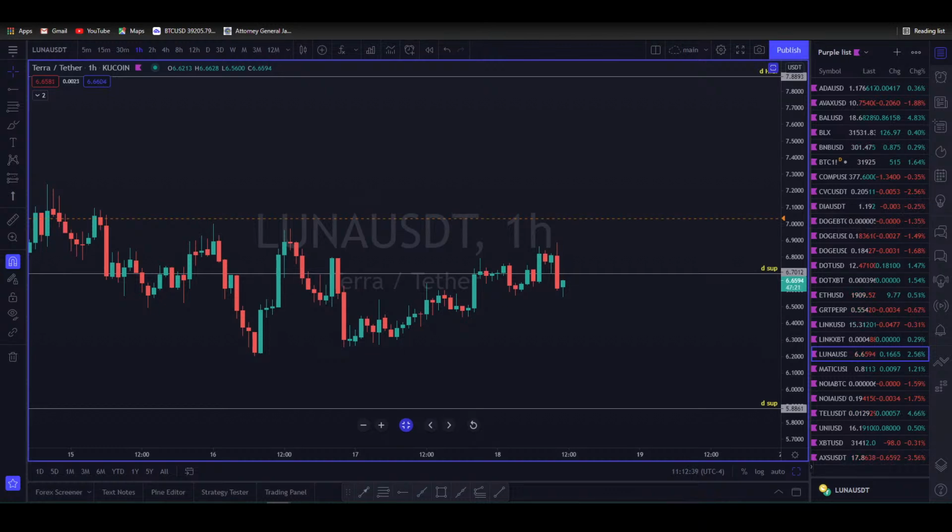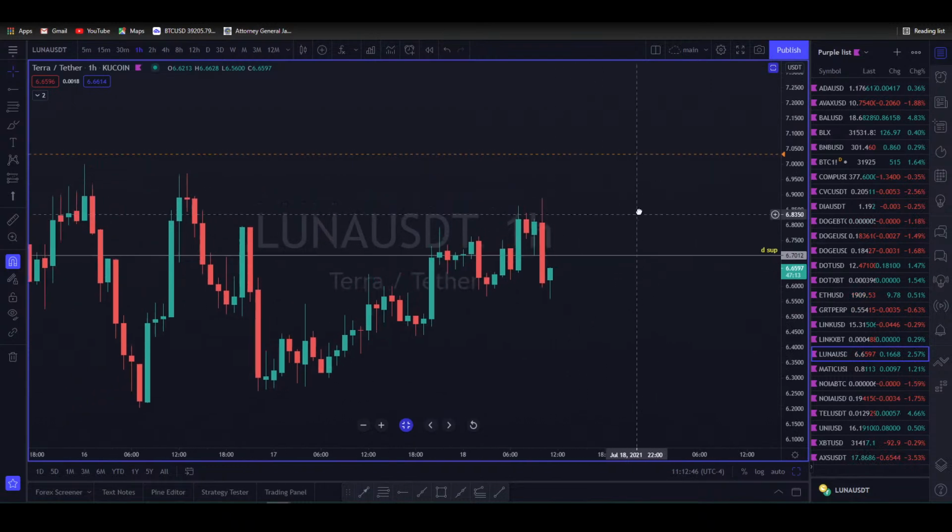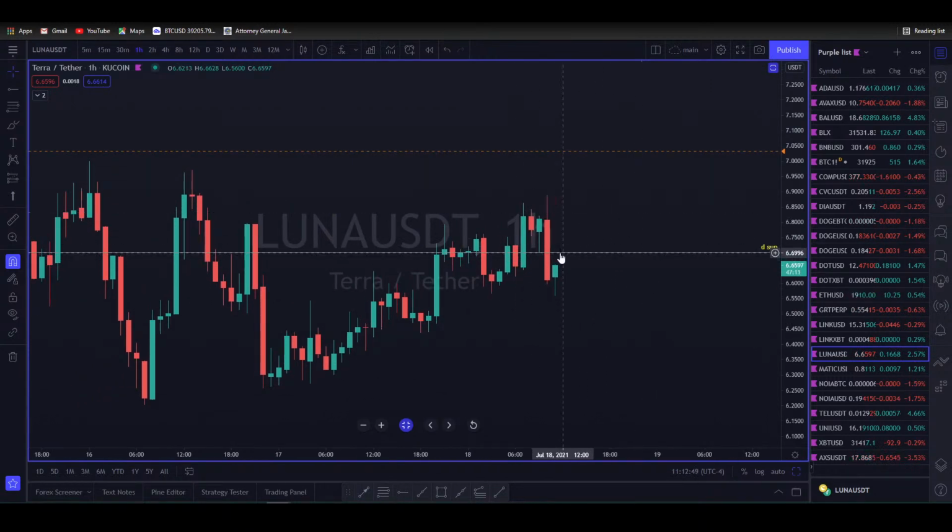It's losing its mind. So watch $6.70 right here on Luna. I don't know if you can trade this asset or not, but this is what I'm going to watch. You can get an hourly push all the way up to there and still remain bearish. If you get an hourly close above that candle, then you're not looking for shorts. This would give you a decent spot for risk to reward.